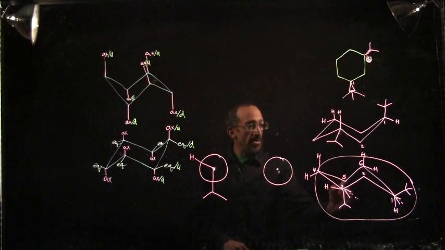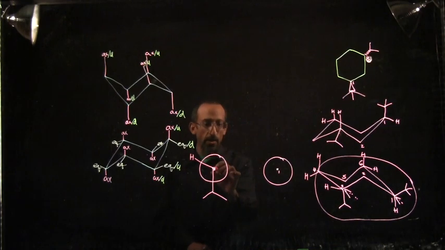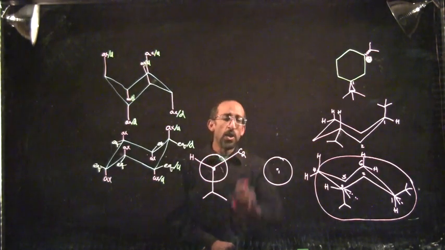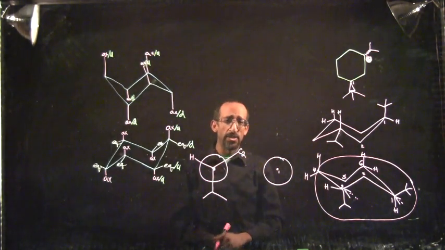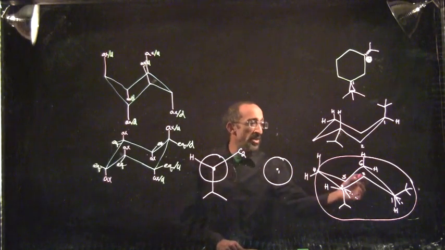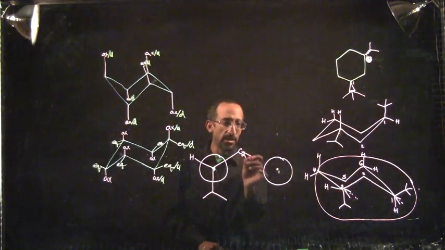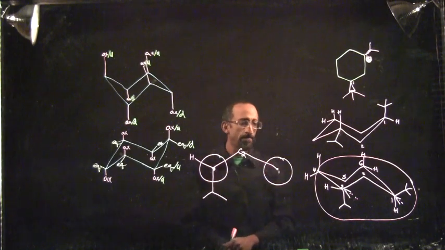Now I have this carbon 3, carbon 2 bond going up in this direction. There's carbon 2. We're going to ignore the substituents at carbon 2, but we see that carbon 2 is now connected going down to carbon 1.